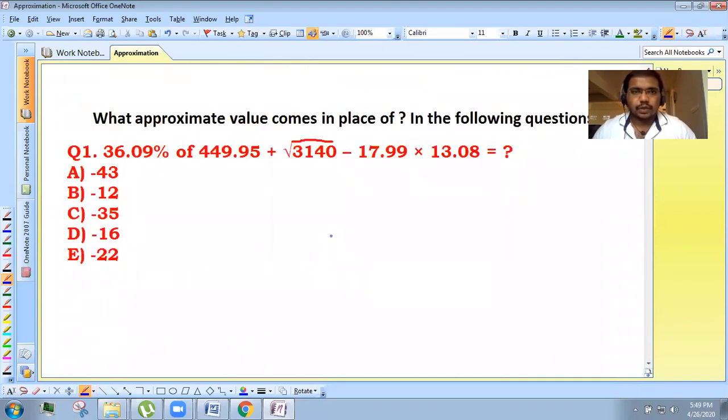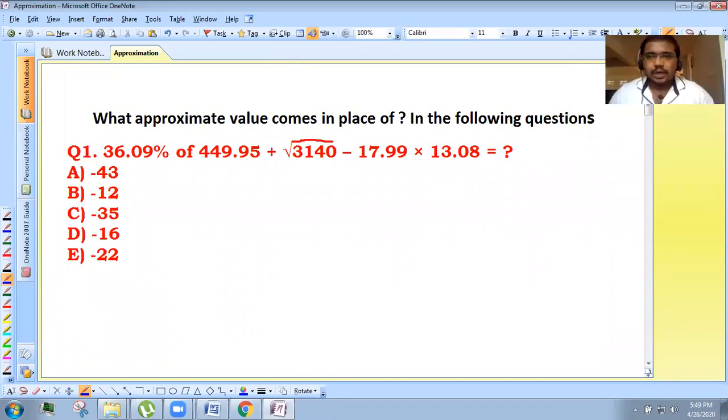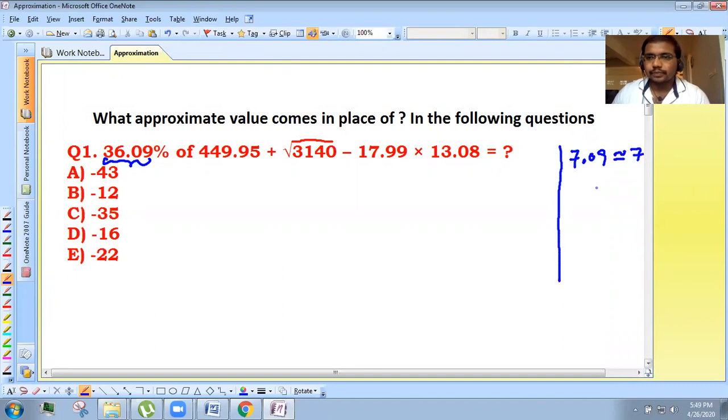First question: what approximate value comes in the place of the question mark in the following questions? Here this is 36.09 percentage. Whenever you are doing approximation, for example, 7.09 is approximately 7 only. If it is 7.90, then you have to take it as 8.